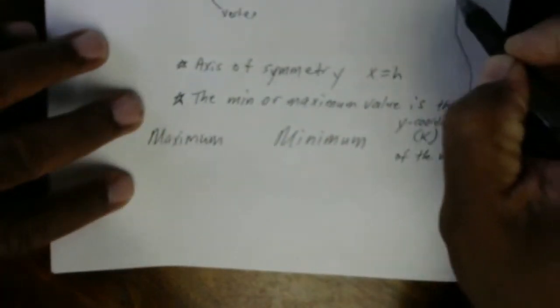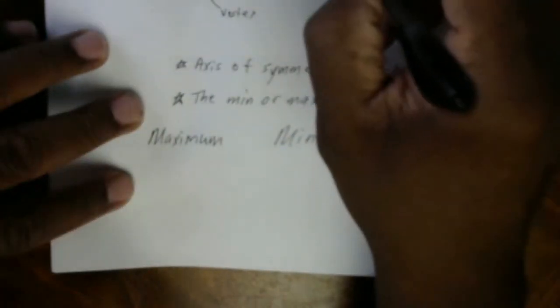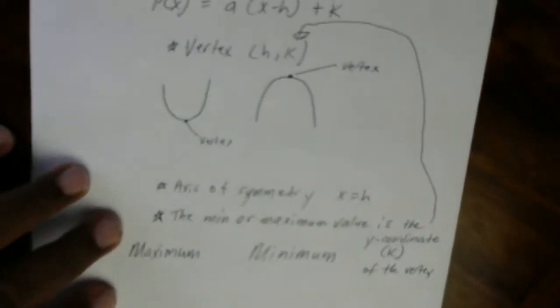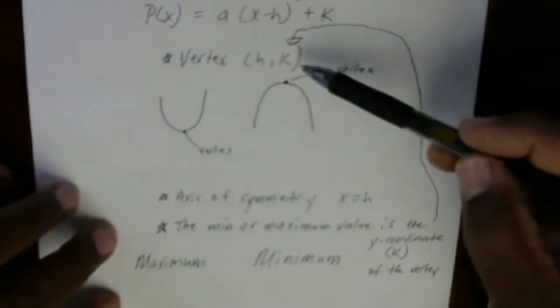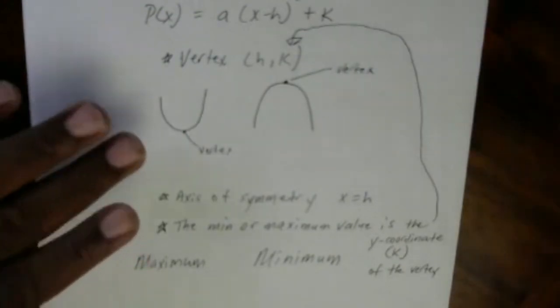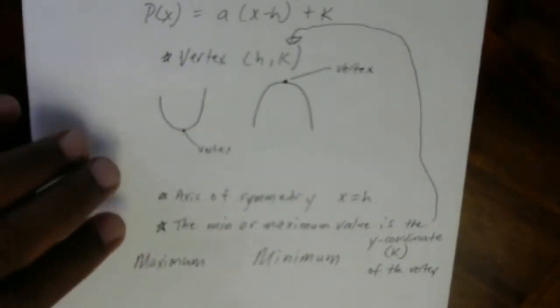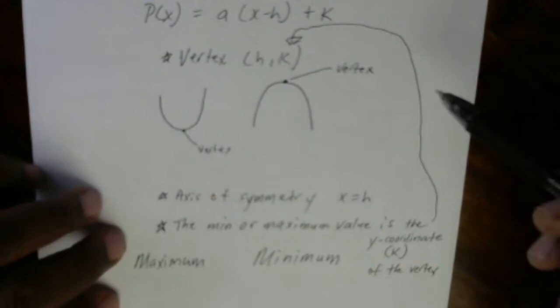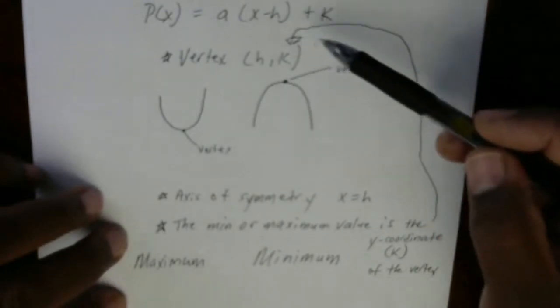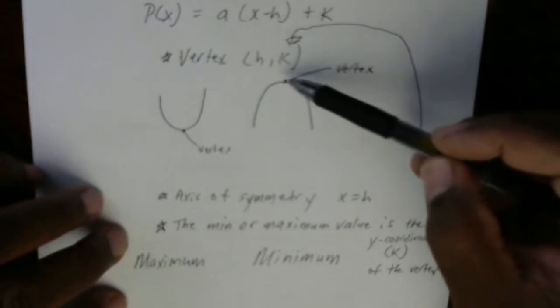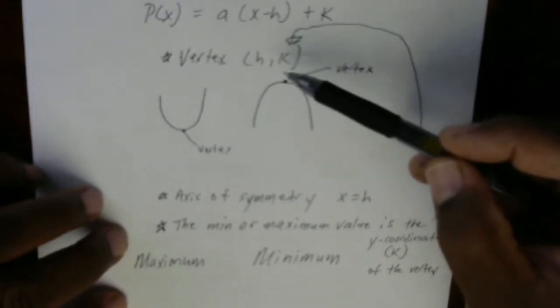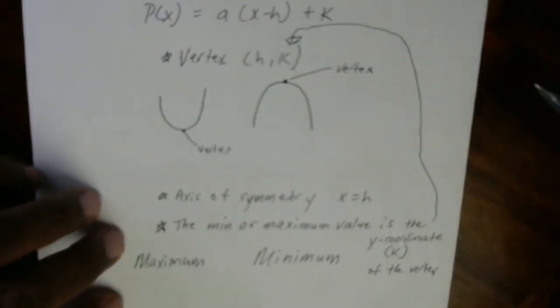Right, so the minimum or maximum value would be given in your vertex. All right, so this is one of the important things you can find out in your vertex, the minimum or maximum value, and it's always the second coordinate.